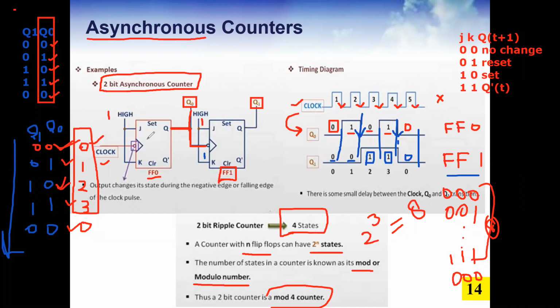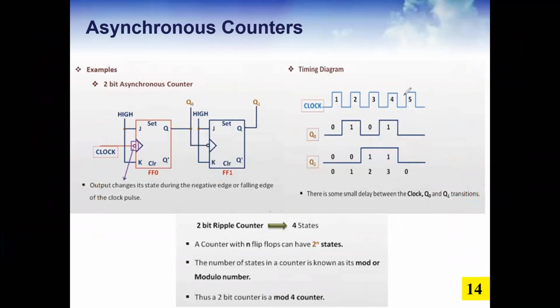So this is the design with the help of JK flip-flop. We can also design it with D flip-flop and with T flip-flop. With T it is very simple because T is the upgraded version of JK.